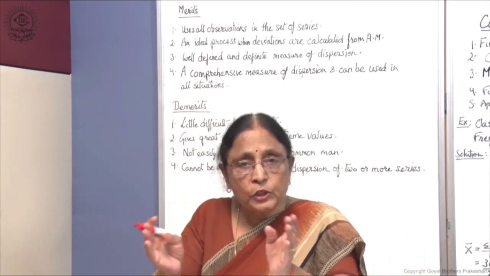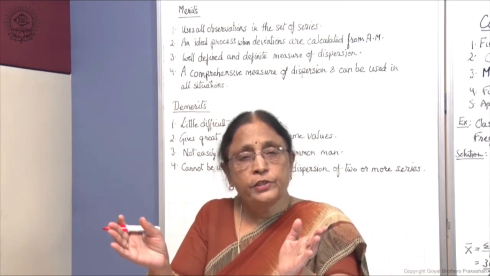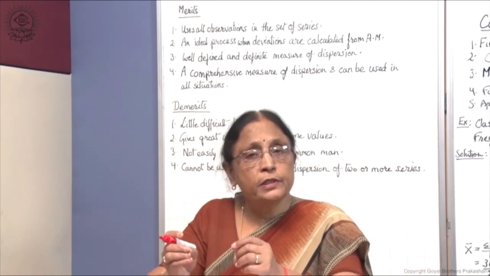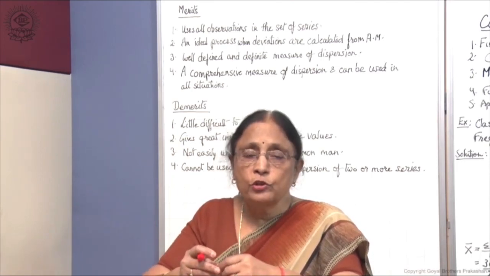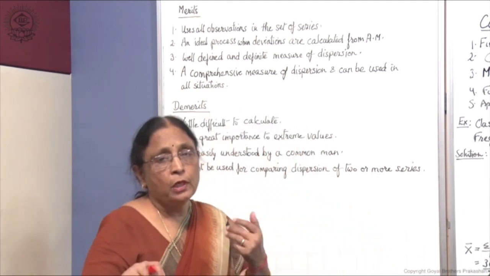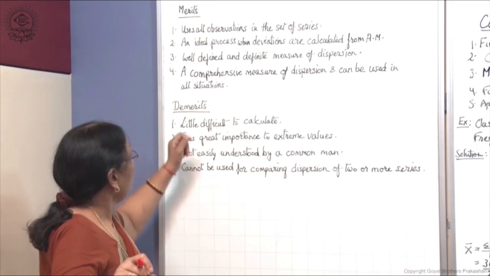It is taking all the aspects into consideration, it is covering all the values of the series, so it is useful in case of all types of situations. Situations here means all types of data.